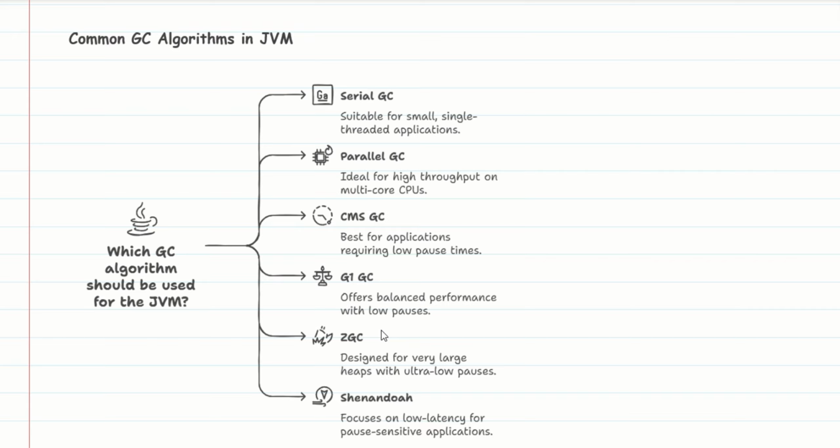Like if you want to use Serial GC, you can use -XX:+UseSerialGC, or -XX:+UseParallelGC and so on. The flag needs to be added in catalina.sh or in the IDE as well. If you do not explicitly mention these GCs, the system will take a default algorithm.